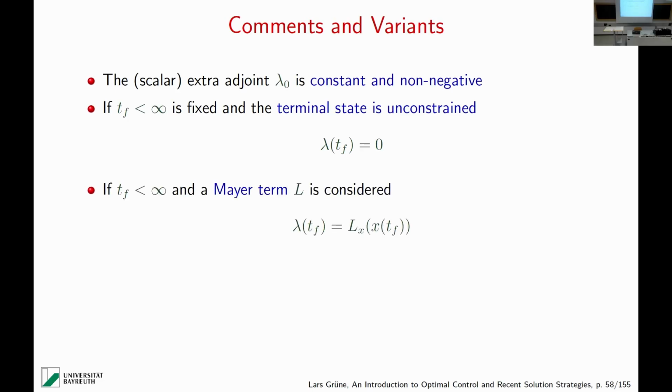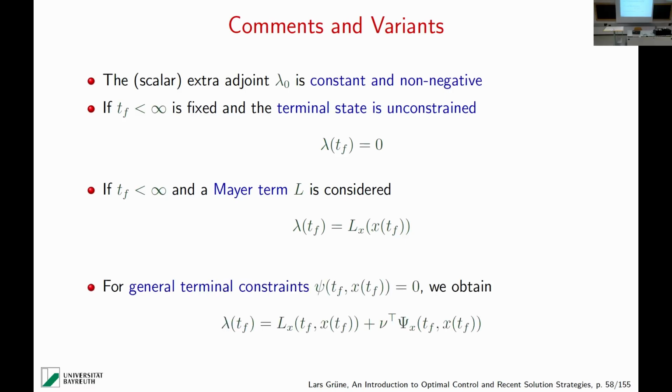If we have a fixed final time and a Meyer term is considered, then the terminal condition on lambda is the derivative of this Meyer term with respect to x. For general terminal constraints, we can again show, similar to Euler-Lagrange, that we get these kinds of terminal constraints. I'm not really consistent here; I think Lx should also depend on Tf. So this Tf is missing.